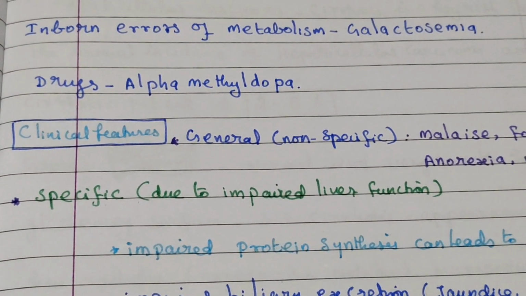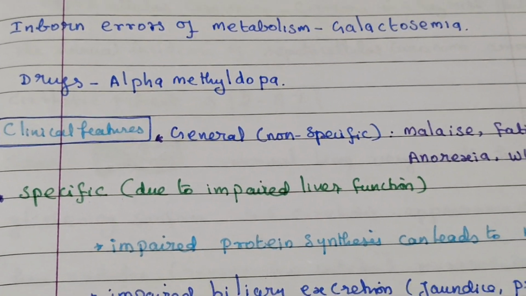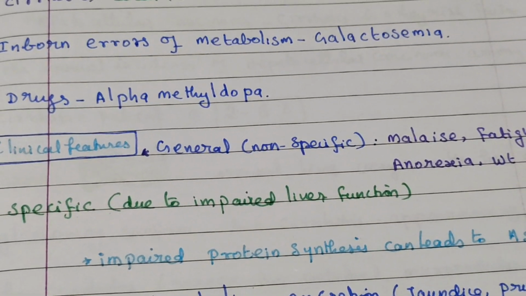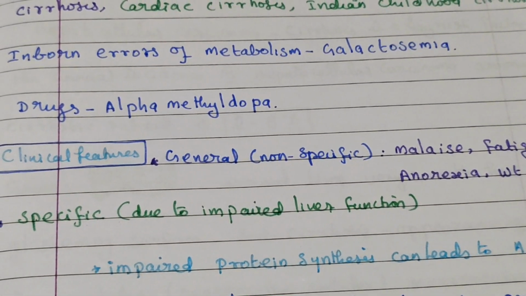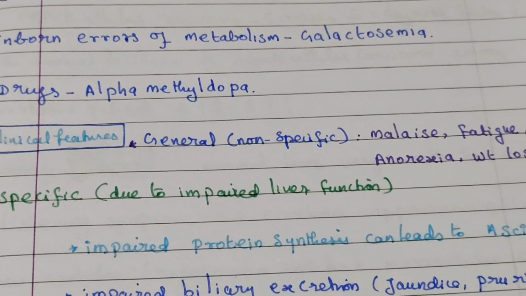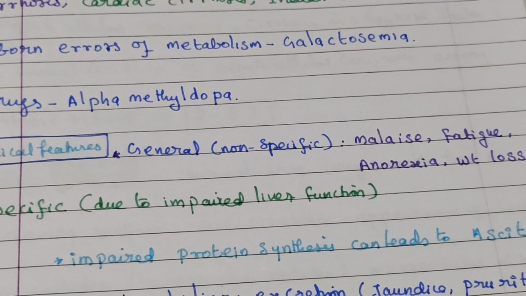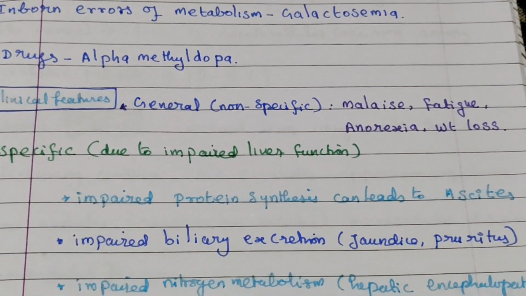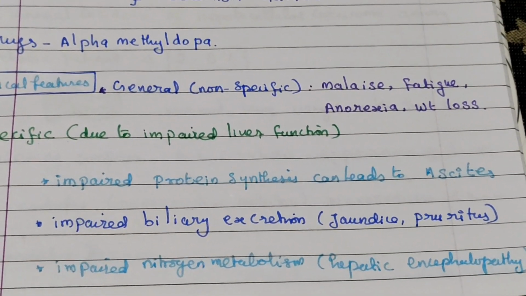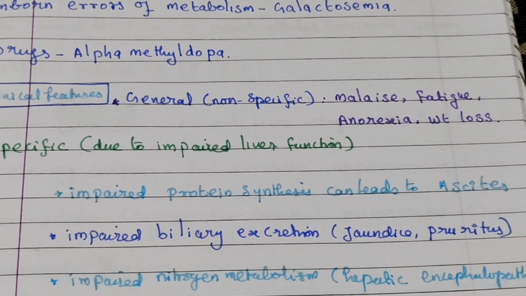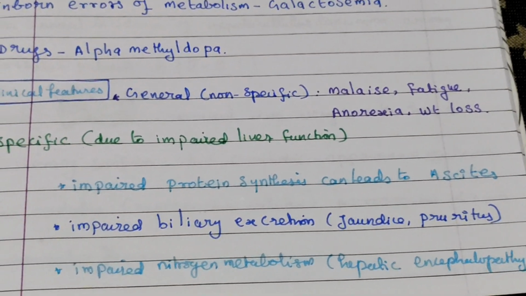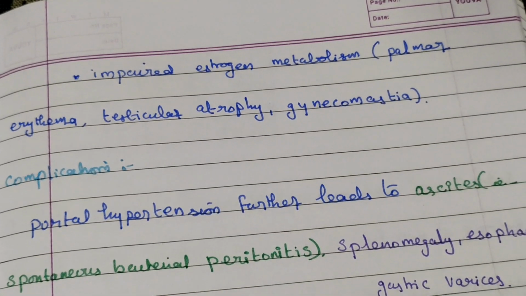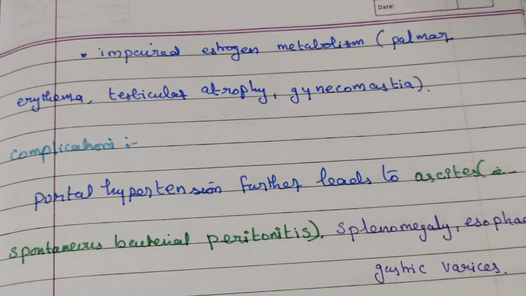Because the liver is involved in protein synthesis, the patient has ascites because of low serum protein. Impaired bile secretion can lead to jaundice. Impaired nitrogen metabolism can lead to hepatic encephalopathy. Impaired estrogen metabolism also occurs in liver cirrhosis.